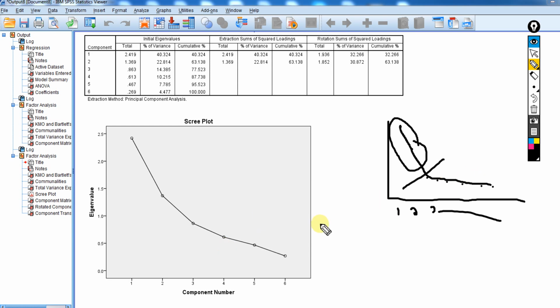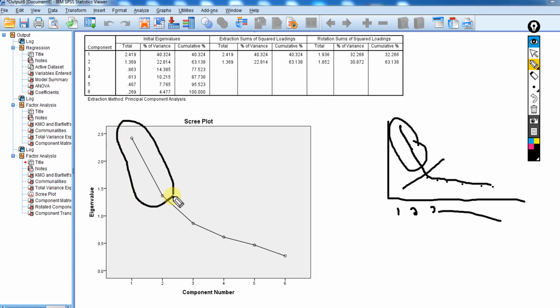One thing we might do is look at this: it's clear that the slopes from this point to this point and this point to this point are the greatest, and the slopes are not quite as dramatic for the rest of the eigenvalues. So I might be inclined visually to go with a 2-component solution based on the scree plot.